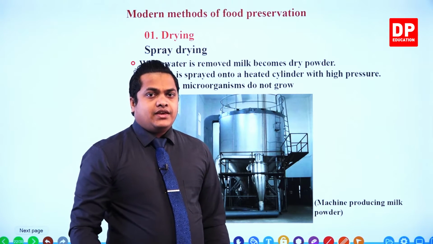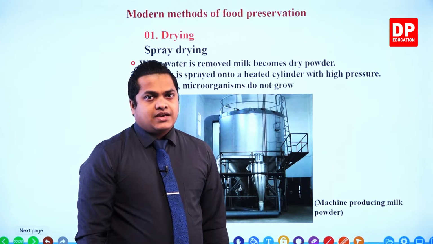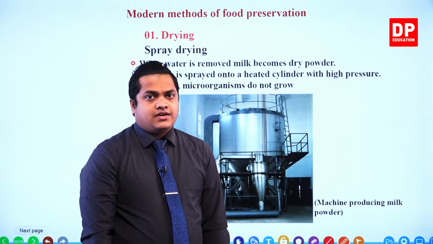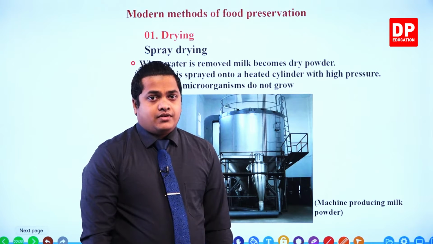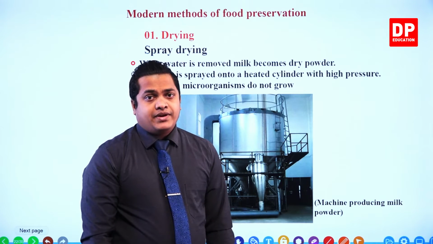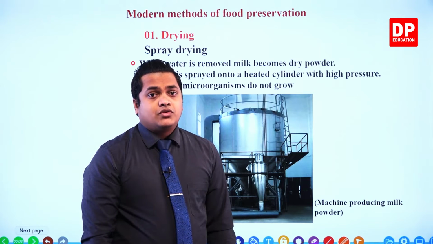When the milk hits the wall, water evaporates very quickly, as it has a very high surface area. And as the milk is somewhat high in temperature, microorganisms contained within the milk also die.